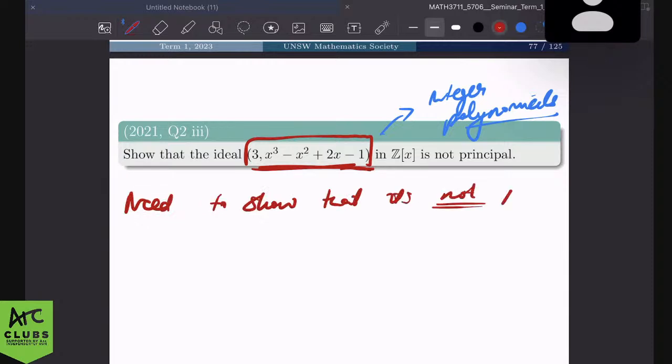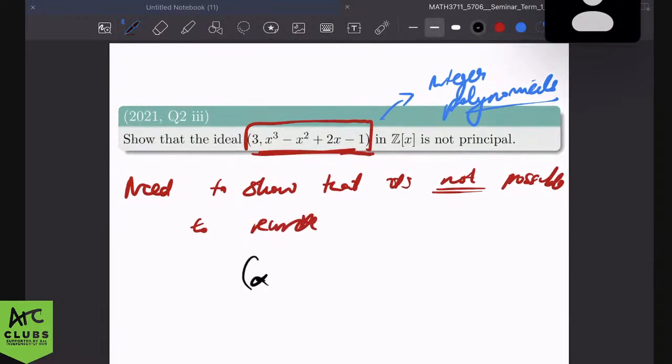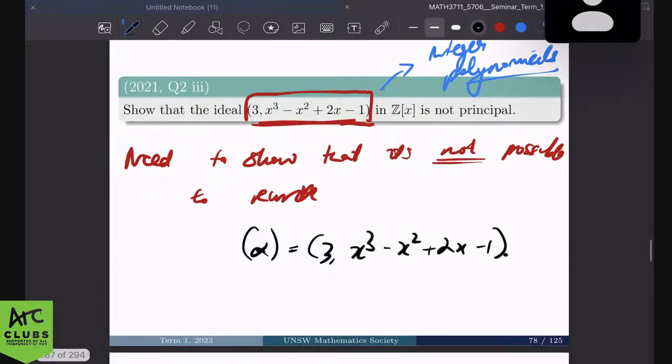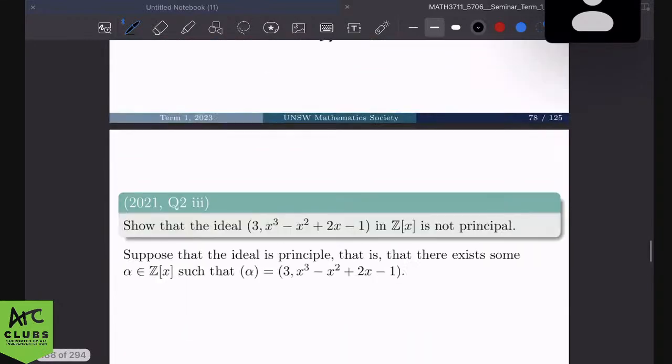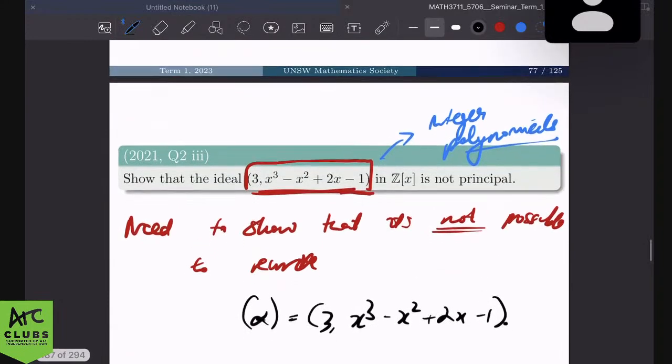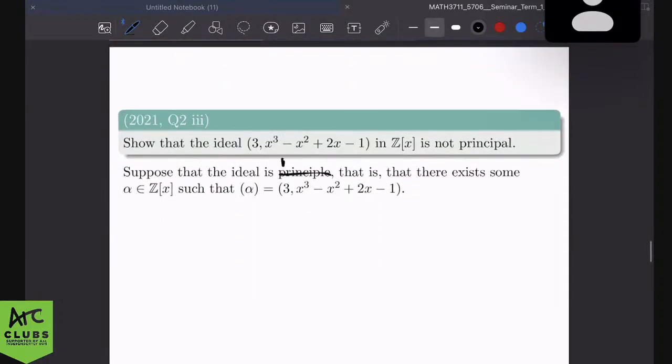Alpha is 3x cubed minus x squared plus 2x minus 1. Okay. Sweet. So yeah, sorry, that should be spelled principal.